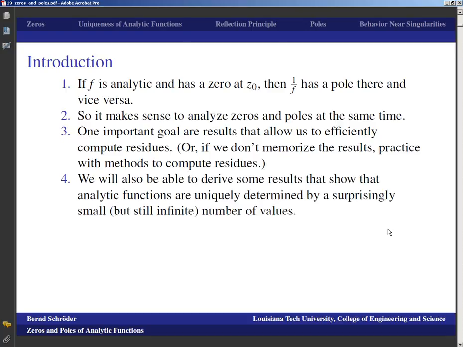We'll also derive some results that show that analytic functions are uniquely determined by a surprisingly small number of values.